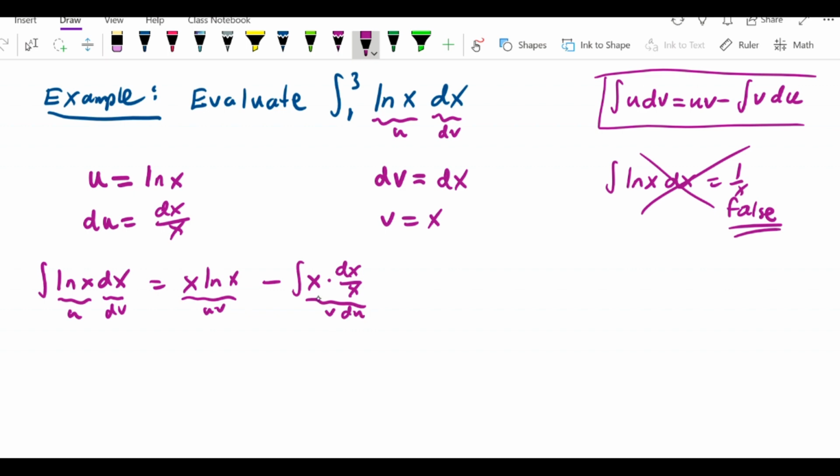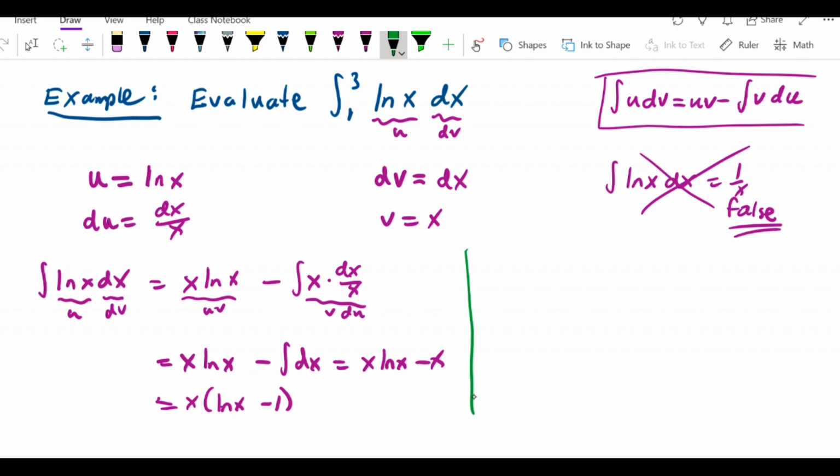Now, fortunately, that last expression, x over x times dx, simplifies really nicely, so that's going to be x ln x minus the integral of dx, which is equal to x ln x minus x, and we can write this a little bit more simply as x times (ln x minus 1). So that's the antiderivative of ln x.